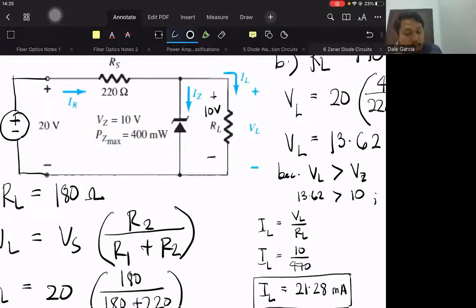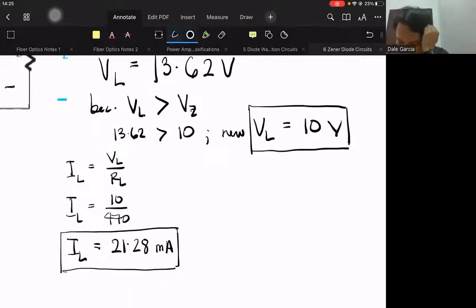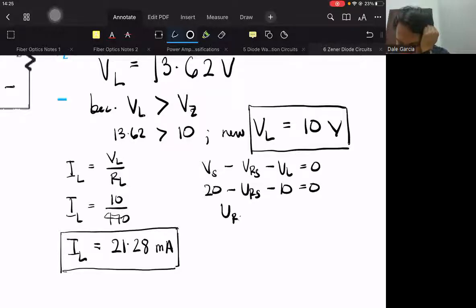Formally, VS minus VRS minus VL equals 0, so 20 minus VRS minus 10 equals 0. Therefore, VRS is equal to 10 volts.